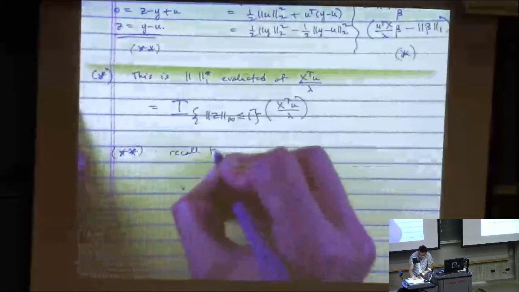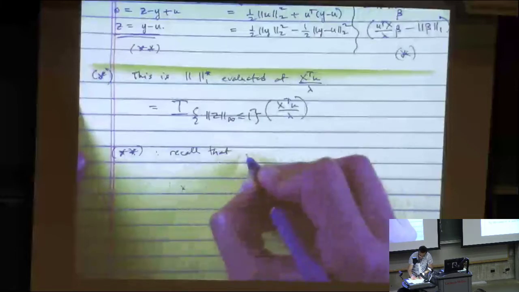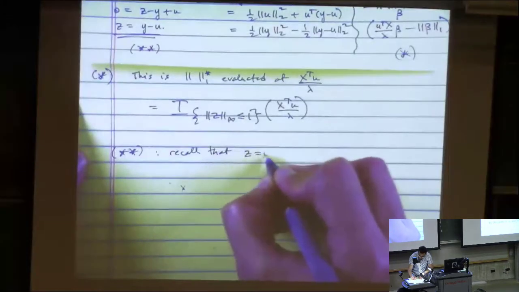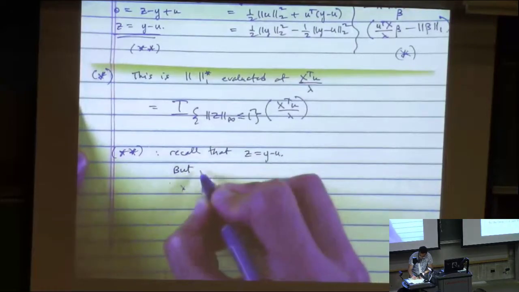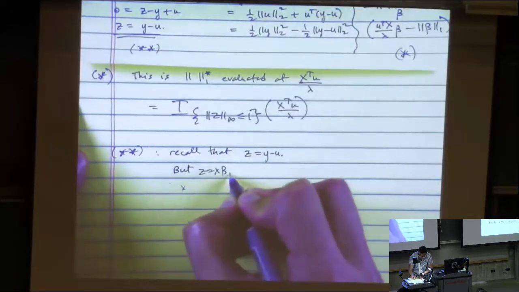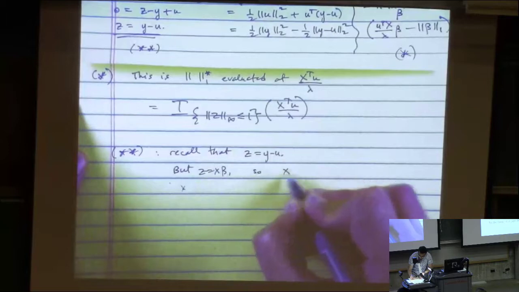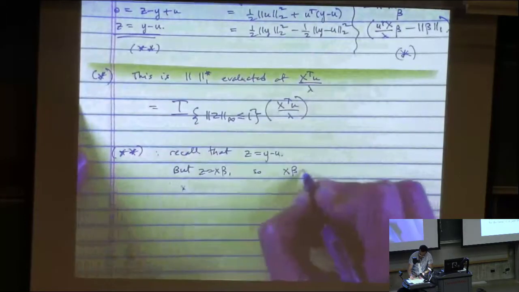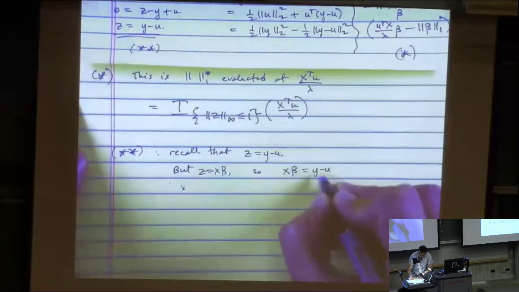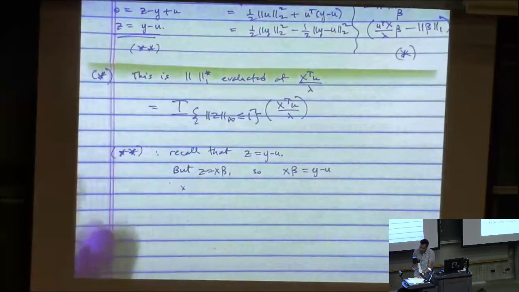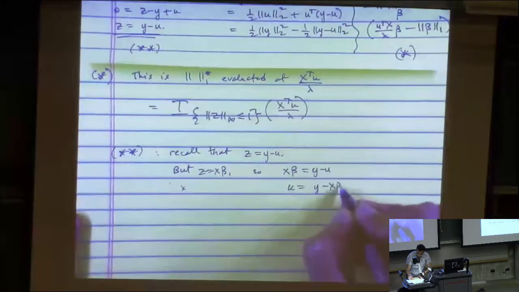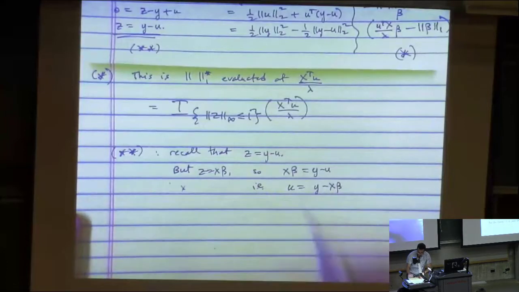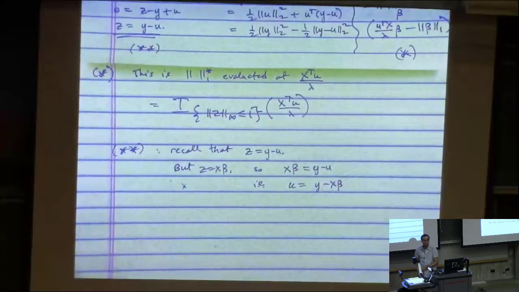Recall that at the solution, z is going to be equal to y minus u. But at the solution, z is also equal to x beta. So this tells us that the solution to my original lasso problem, x beta, is y minus u. In other words, the dual variable is just the primal residual. U is just the residual from the lasso.